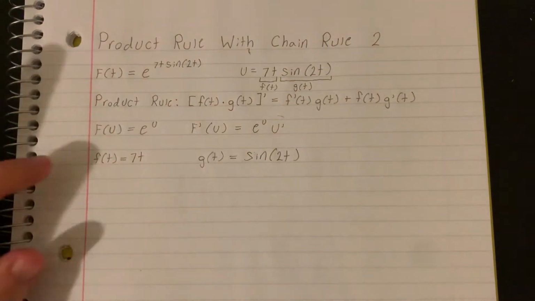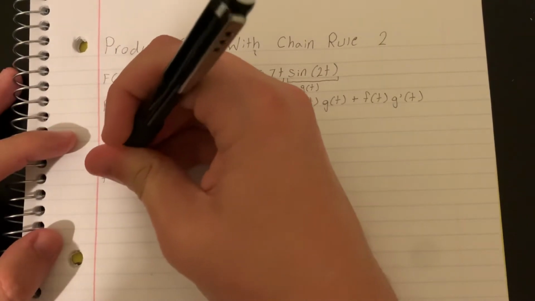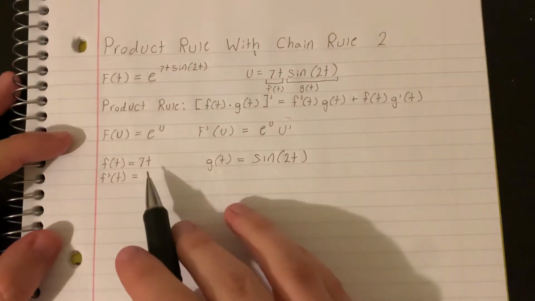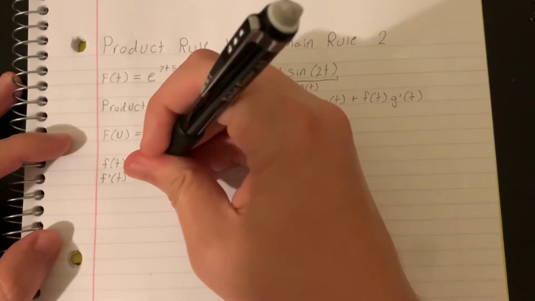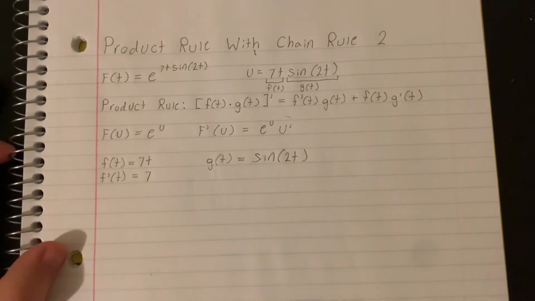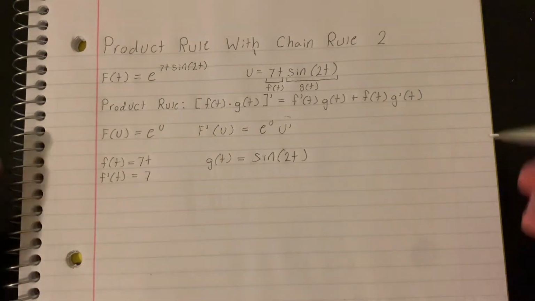So to start, let's find f prime, because we'll need it for the product rule. So f prime of t simply equals 7. Nice and easy derivative there. We just get rid of the t. Now g prime of t is going to be a little bit trickier because we're actually going to have to use the chain rule again.